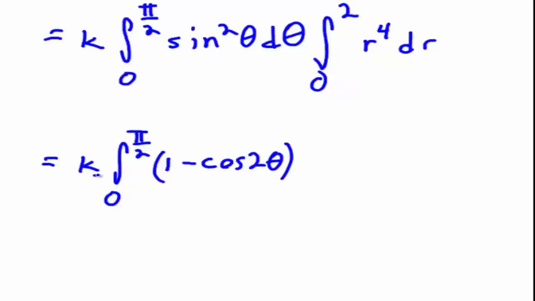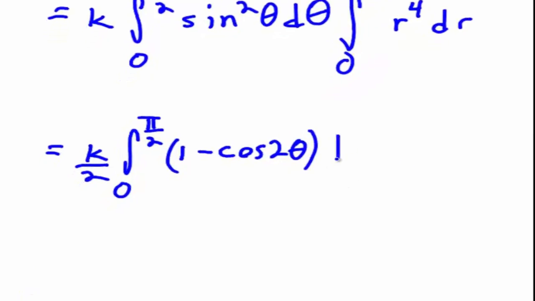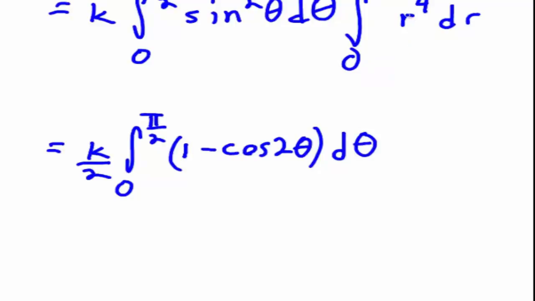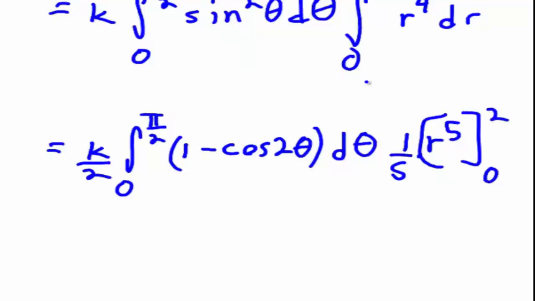I'm going to pull out that denominator of 2 out front, d theta. And of course, the second integral is just r to the 5th over 5, evaluated from 0 to 2.